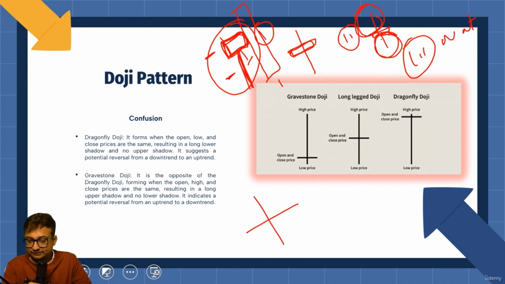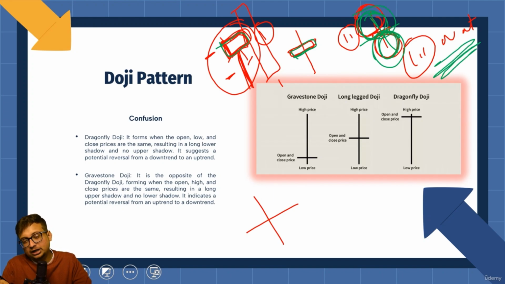So these are the 3 differences. Number 1, in the hammer pattern the body is big, but here the body will be very tiny. Number 2, there will be both lower price rejection and higher price rejection, right? And number 3, not a great decision maker. This is not a confirmation.